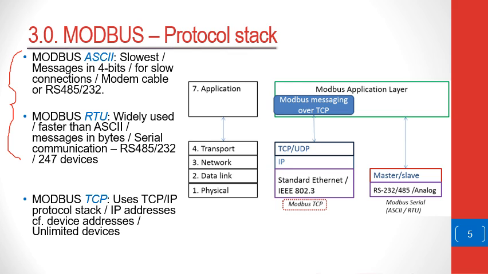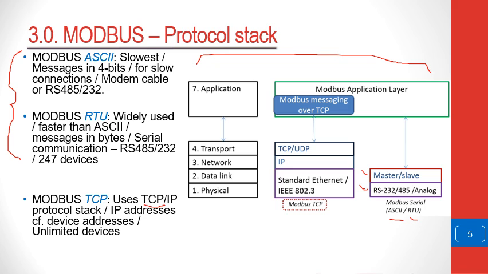And then alternatively, you have what's called Modbus TCP, which is basically a Modbus technology that uses the TCP/IP protocol stack. And if you look at the diagram here of the protocol stack, you will see the difference. Modbus RTU and Modbus ASCII implement the physical layer and the data link layer, and from there on, the Modbus application layer.